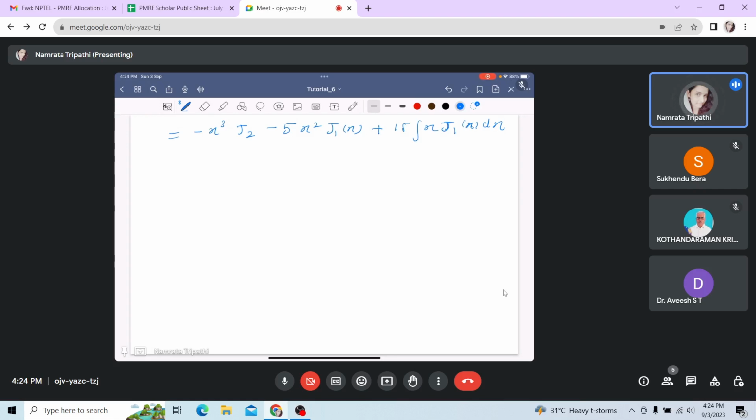Again, we will use the recurrence relation here also, so that we can reduce this term also. Again, using the same recurrence relation, you will get the expression.